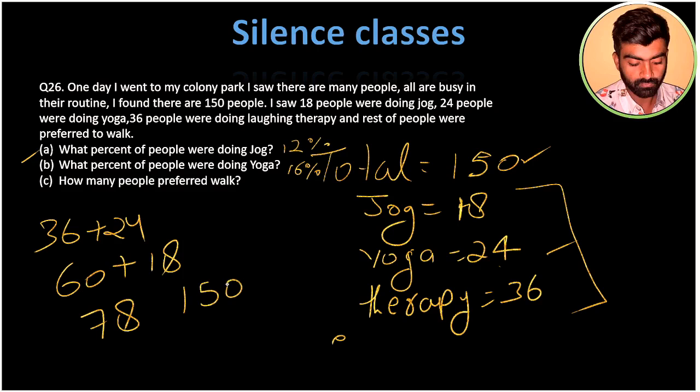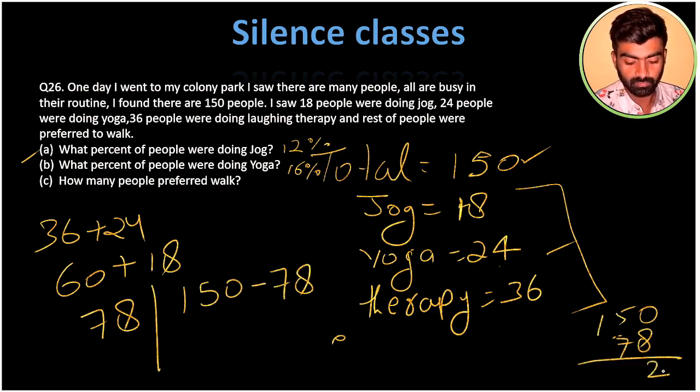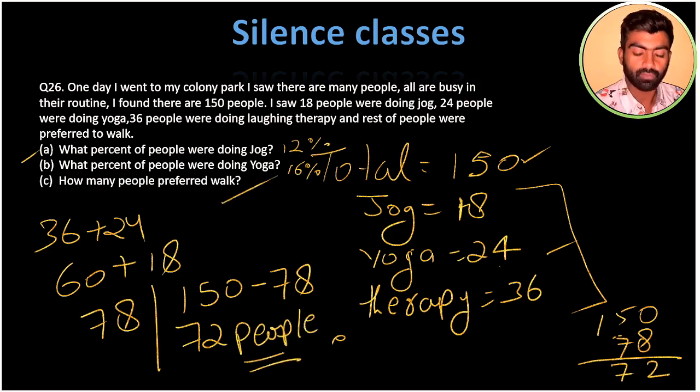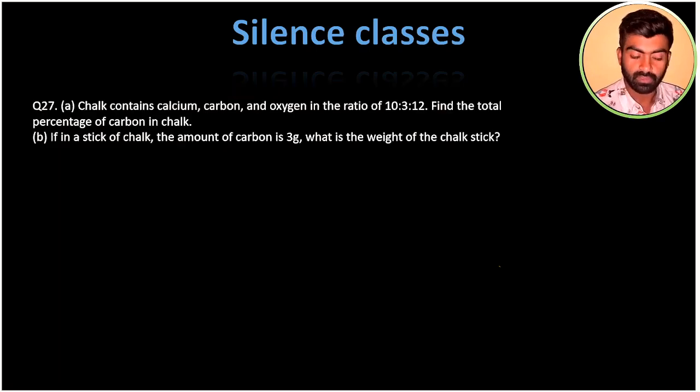Now 150 minus 78 becomes 72. 72 people like to walk.